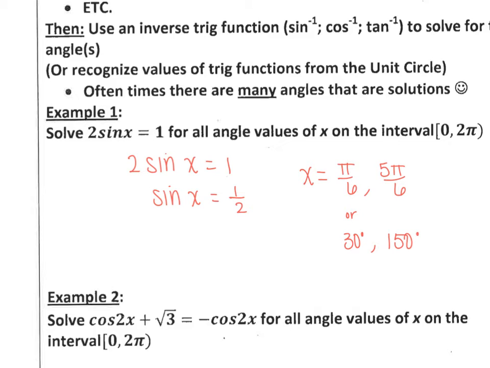So you can either do that by using your unit circle and seeing that it's pi over 6 or 5 pi over 6. Or you could plug it into your calculator. So if you were to plug this one into your calculator, you would do sine to the -1 of both sides. And we've done this, so this should look a little bit familiar. When you do that, you just have to remember what mode your calculator's in.